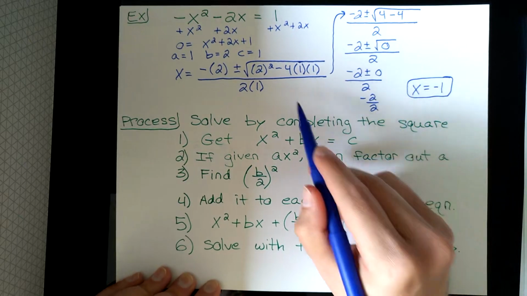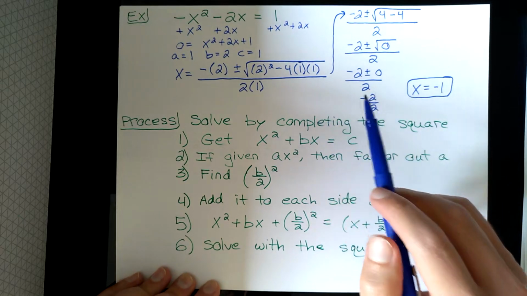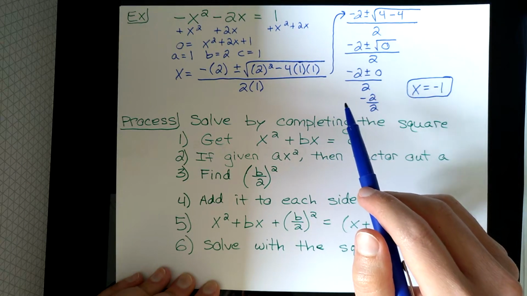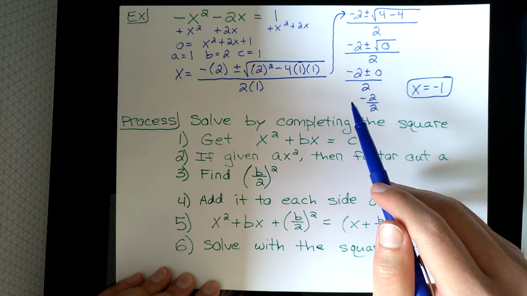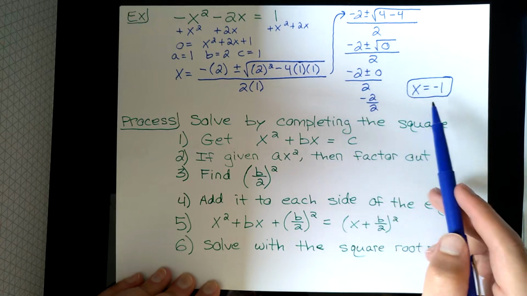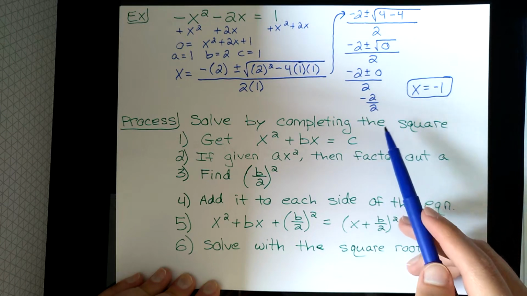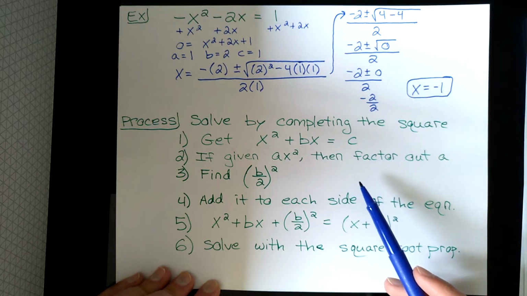Whenever you go through these quadratic problems, you have three possible outcomes. You can get 0 solutions, meaning no solution. You can get one solution like we did here, or you can get 2 solutions like we did in the previous problem.